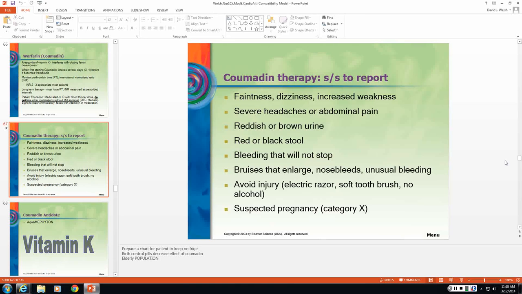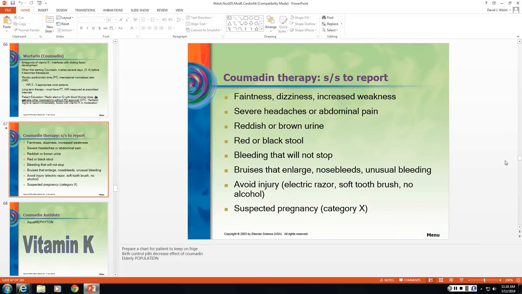Now, for Coumadin therapy, some signs and symptoms to report: faintness or dizziness or increased weakness. Also, birth control pills can decrease the effect of Coumadin. Report severe headaches and abdominal pain.